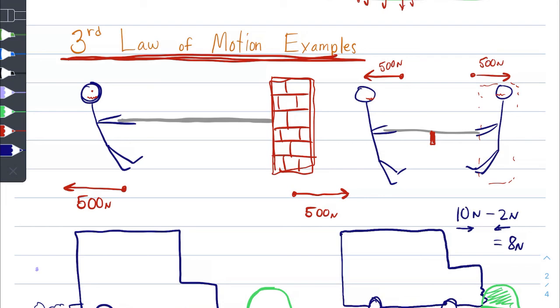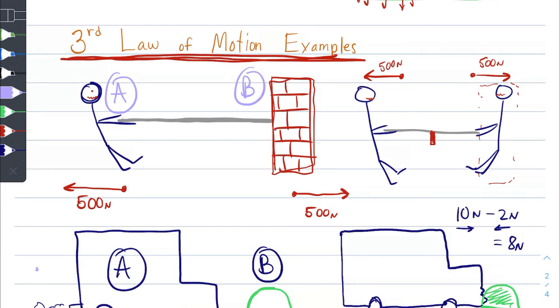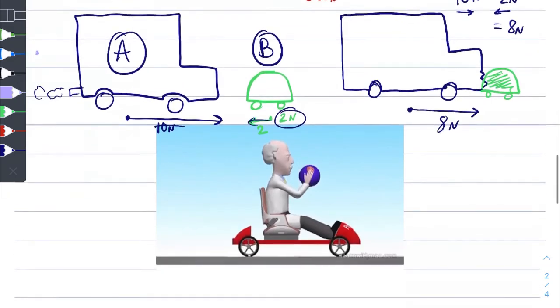So you can see that if there's a collision, the forces involved matter. Object A exerts a force on object B, but object B exerts a force back on object A. Let's look at some GIFs here.